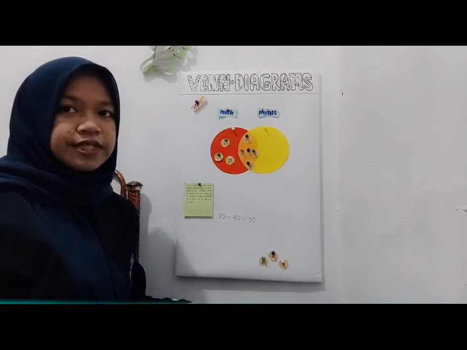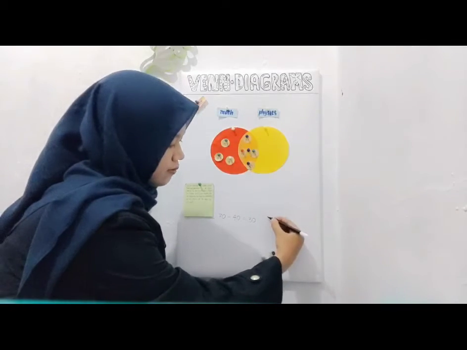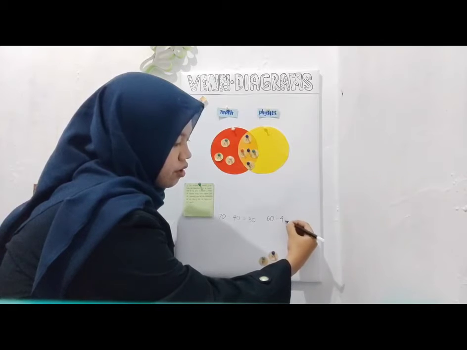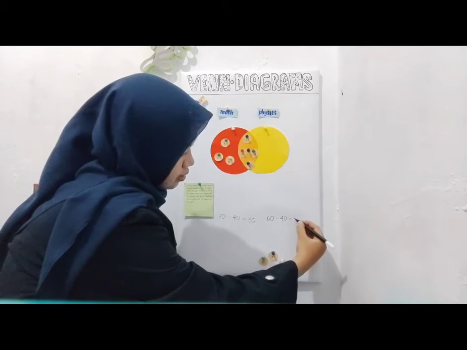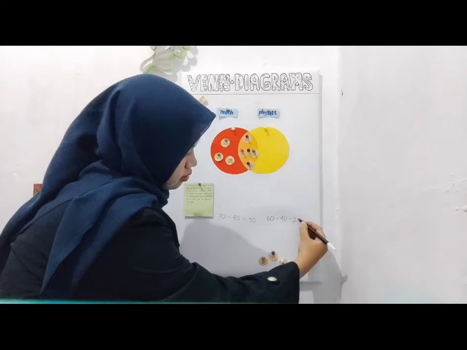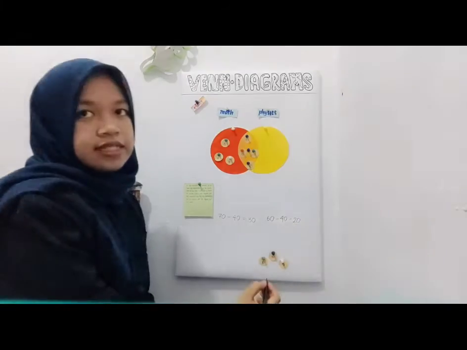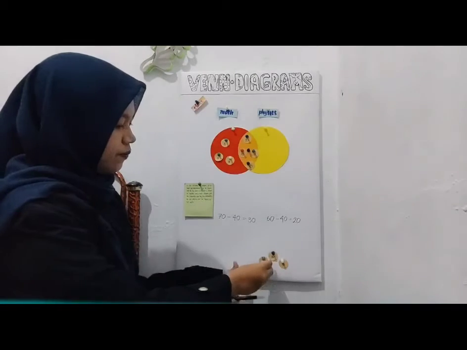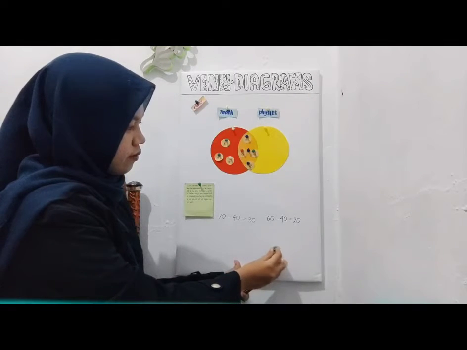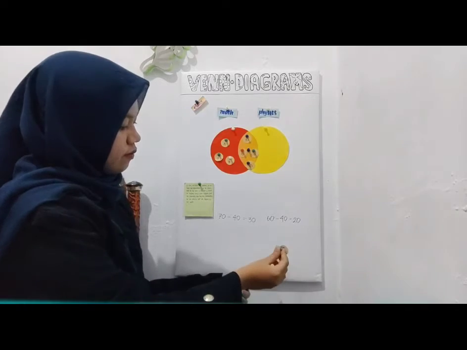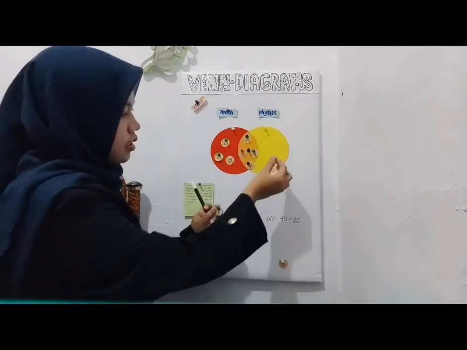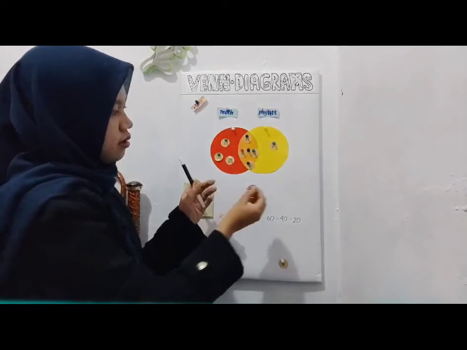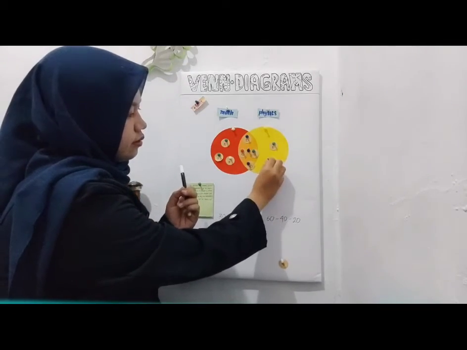We can deduce that 60 minus 40 equals 20 students like physics only, and we change physics to 20.